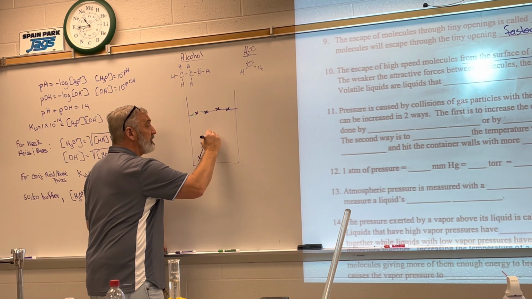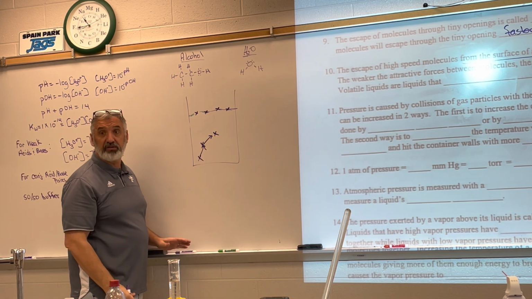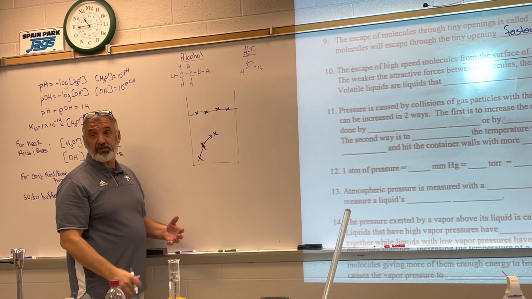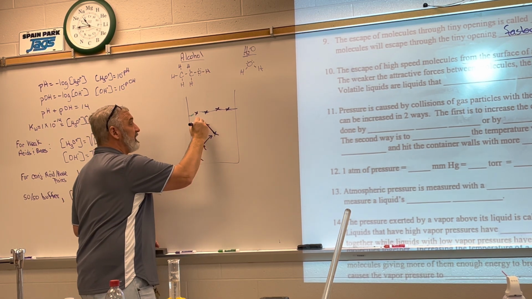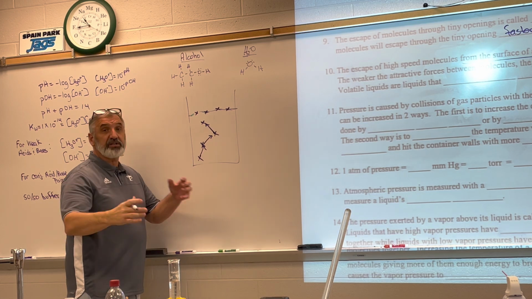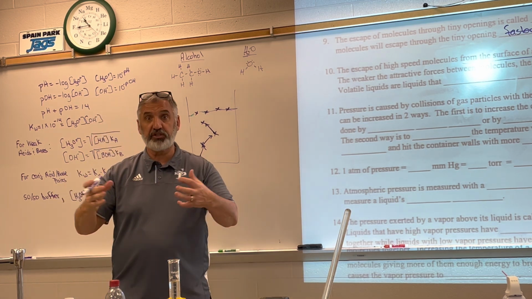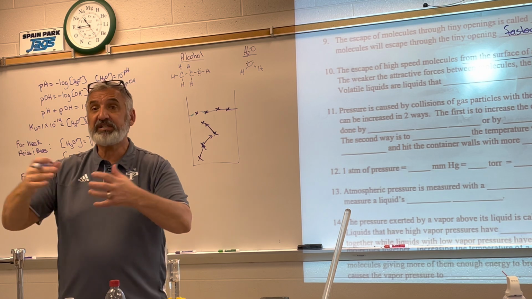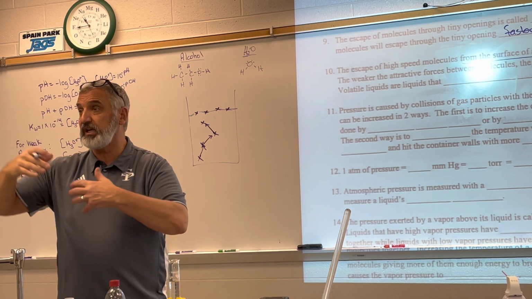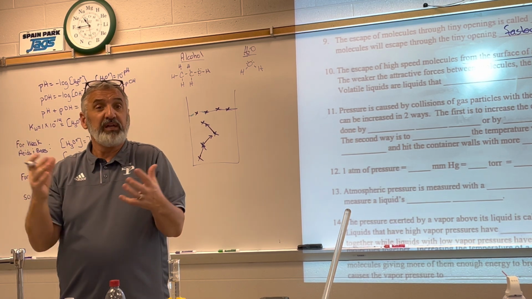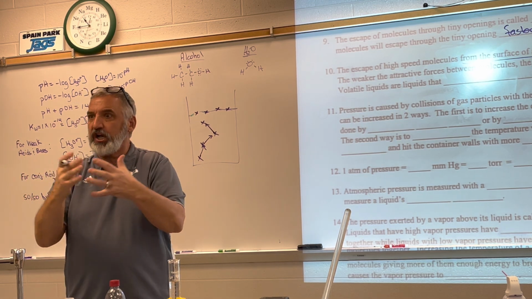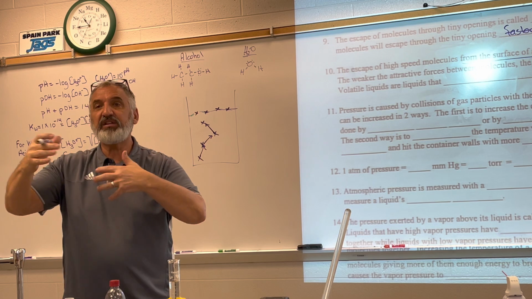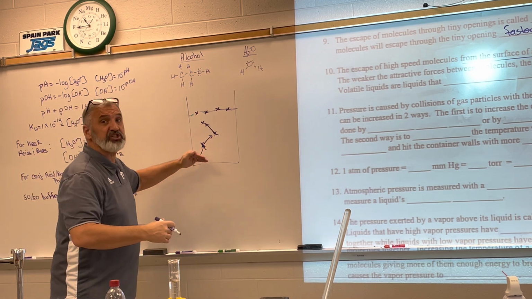Now this one goes zooming, but it bumps into another water molecule before it can go anywhere, because they're all right next to one another. So they're constantly playing bumper cars, bumping into one another. But every time they bump, one speeds up, one slows down. The collisions, we say, are perfectly elastic. There's no energy lost.